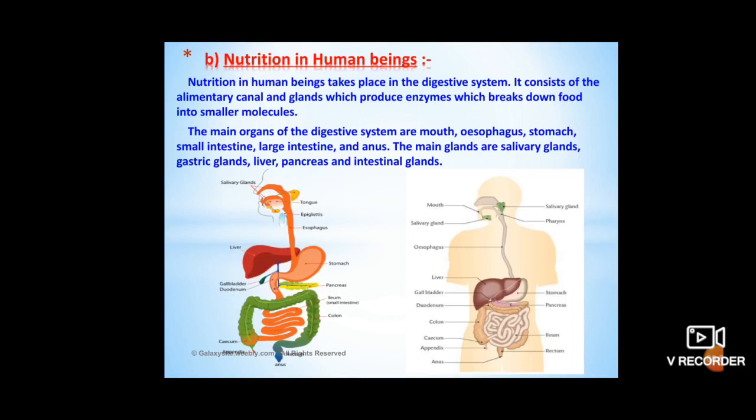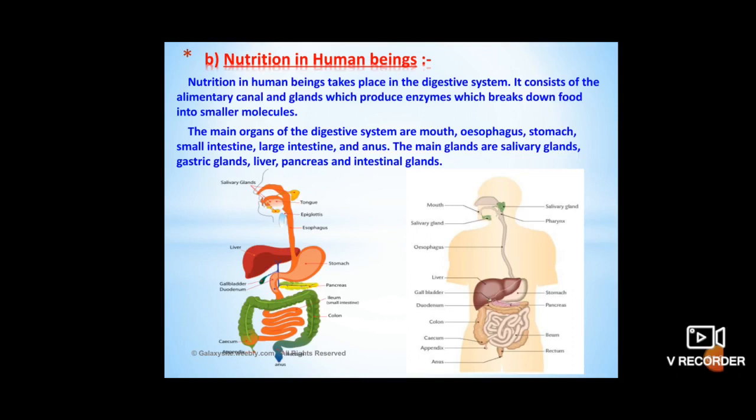So particularly, the main organs of the digestive system are mouth, esophagus, stomach, small intestine, large intestine, and anus.